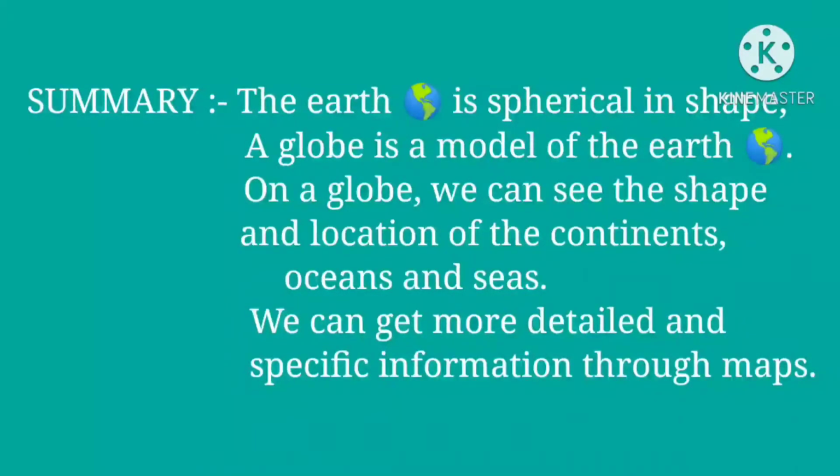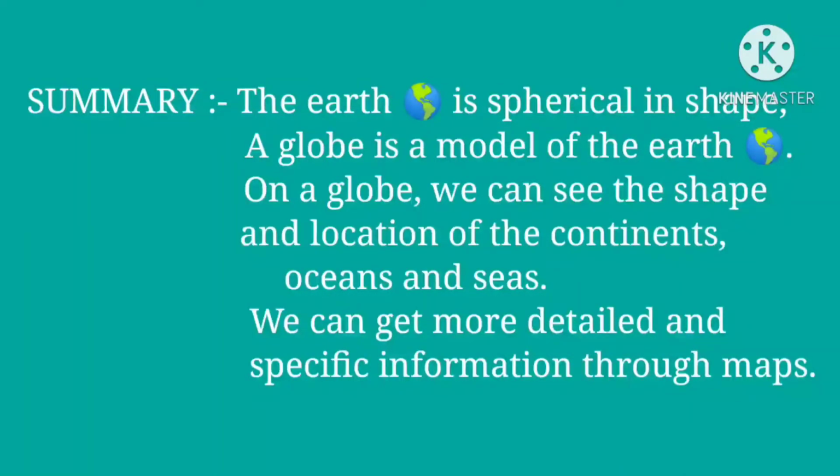As you know, what is a globe? A globe is a model of the earth. And in a globe we can see shape and location of what? Continents, oceans and seas. We can get more detailed and specific information through maps.